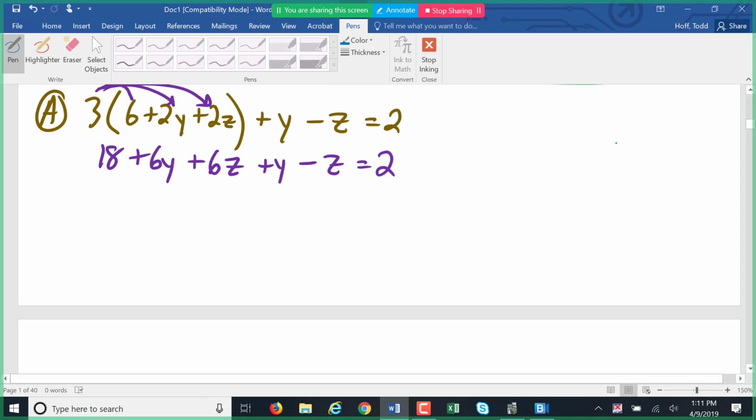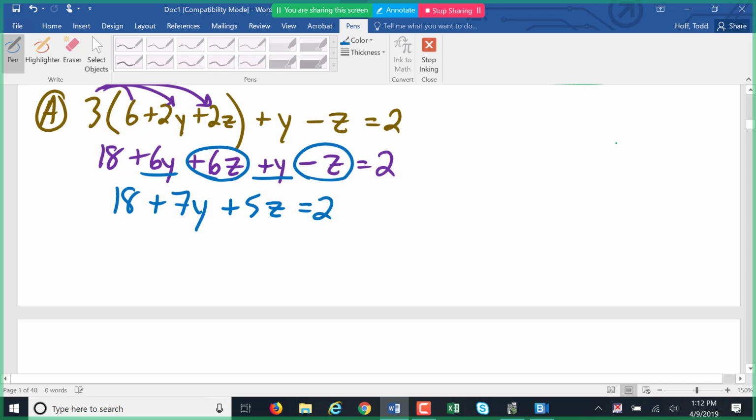Now I'm going to combine. The 18 has nothing to combine with on the left side. 6y and y make positive 7y. 6z and negative z make positive 5z.